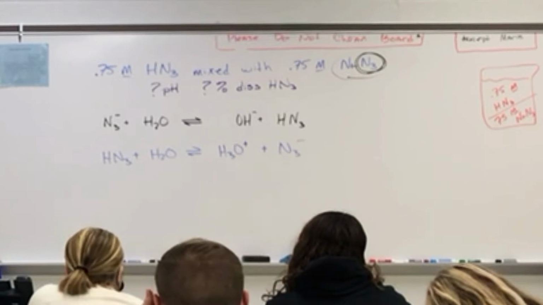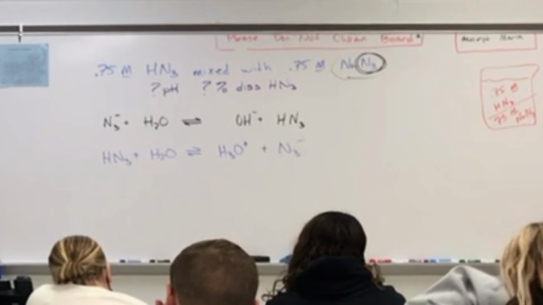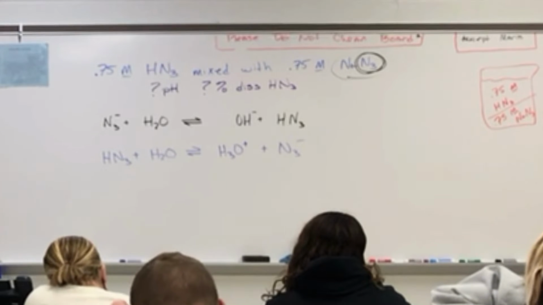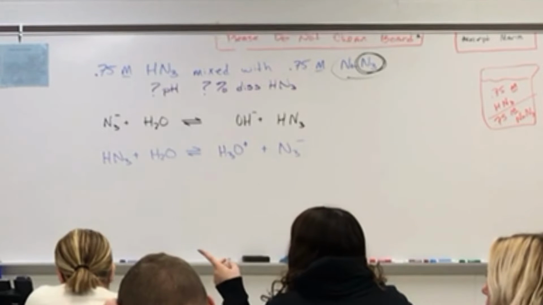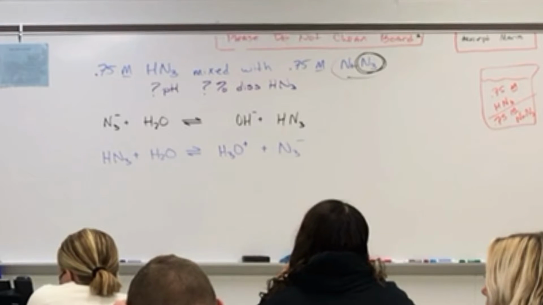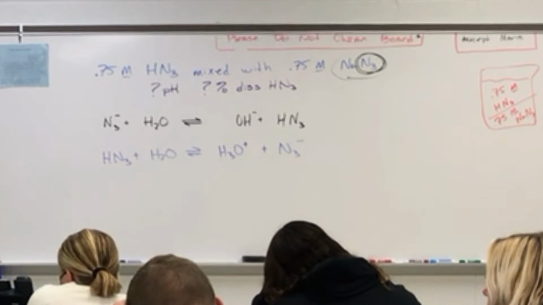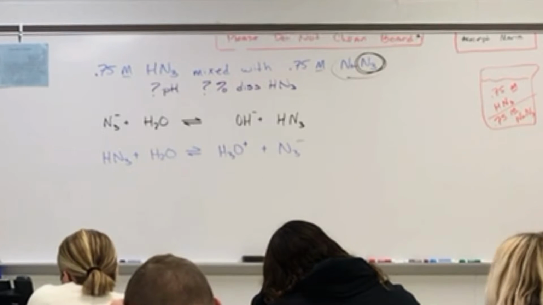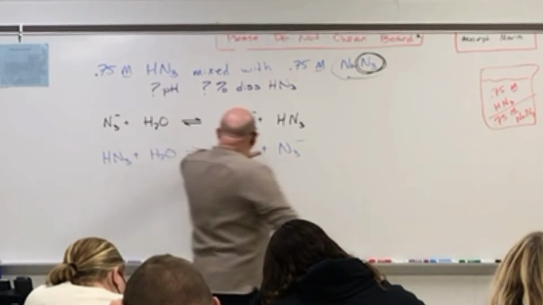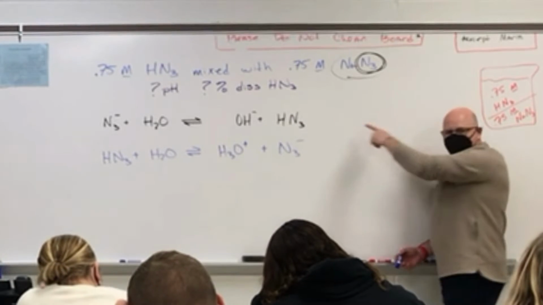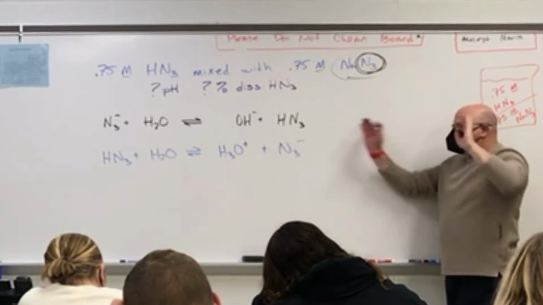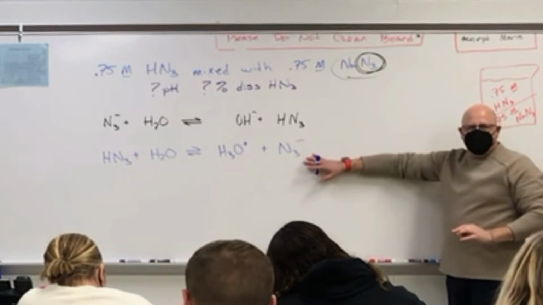Now, we can use either one. Which one do we want to use? Why? We already did it. Easier. We already got the Ka value, right? So this equation right here, you could use. We could use either one of these.